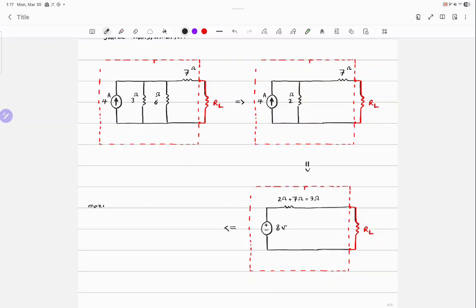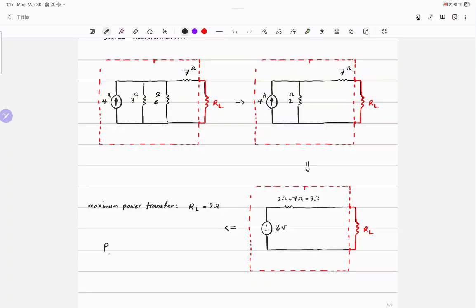So, maximum power transfer. What should be the value of RL? 9 ohm.